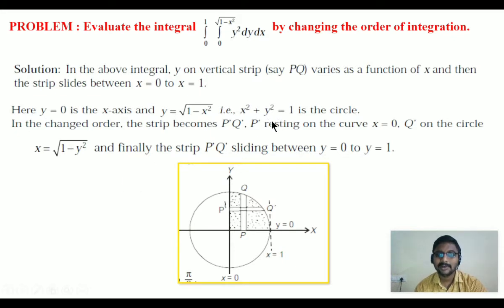So here the new limits are obtained according to the new strip. We have to consider the new limits. So P dash Q dash is the new strip. With respect to the new strip, the y limits are y equal to 0 to y equal to 1, and the x limits vary from 0, because the y-axis equation is x equal to 0, to the strip resting on Q dash on the circle, where x is root of 1 minus y square.